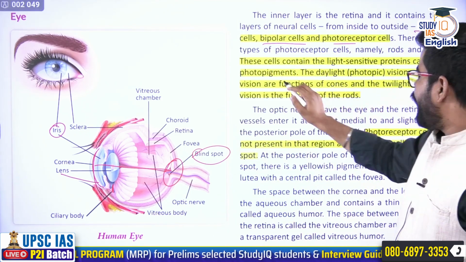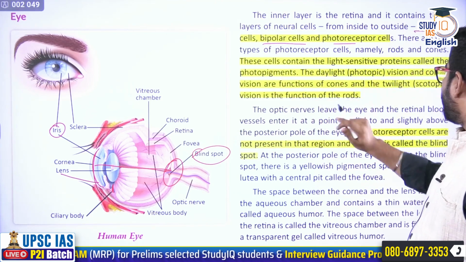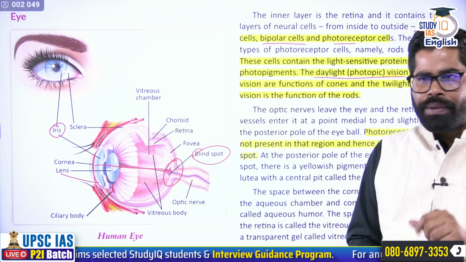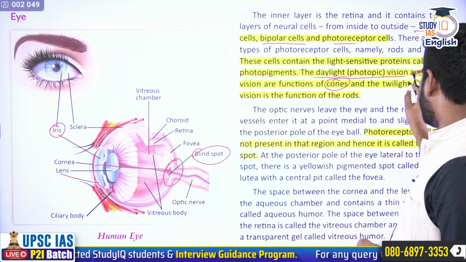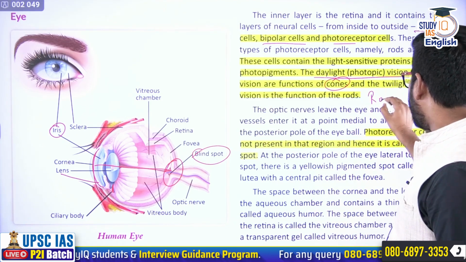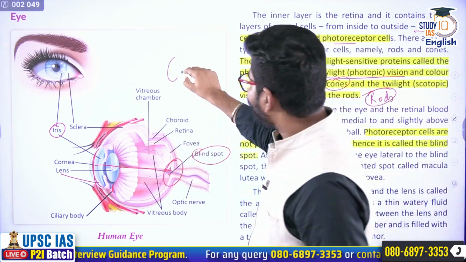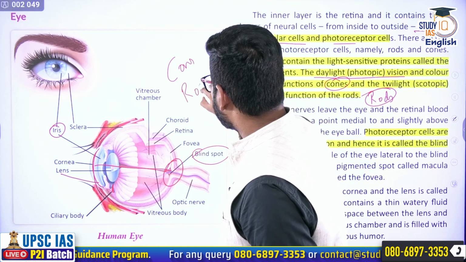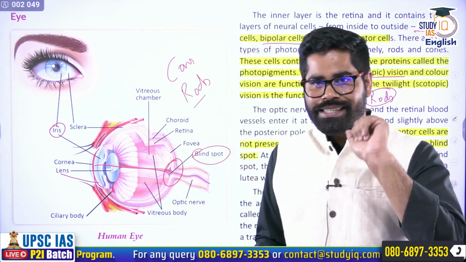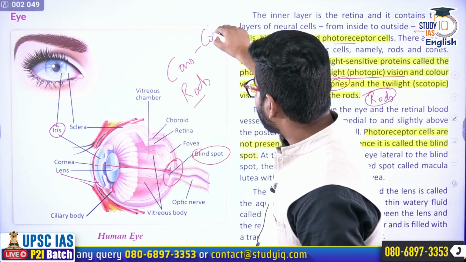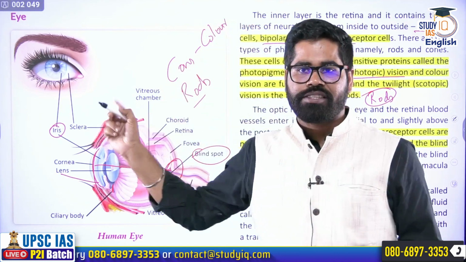Here you will find that we have daylight vision and color vision, and they are done by cones and rods. These are two important cells in our eye. One is cones, another is rods. Cones are for the color part, so C for cones, C for color.